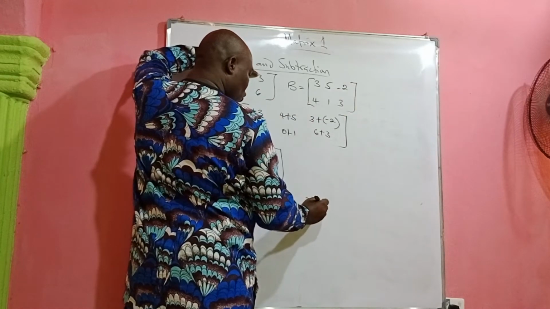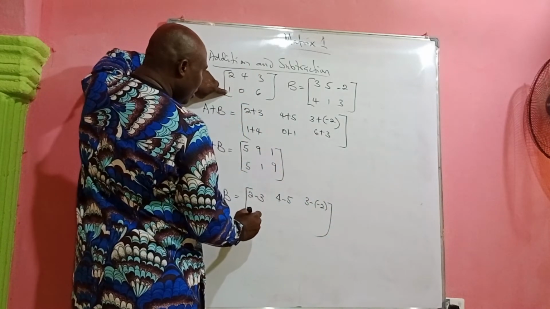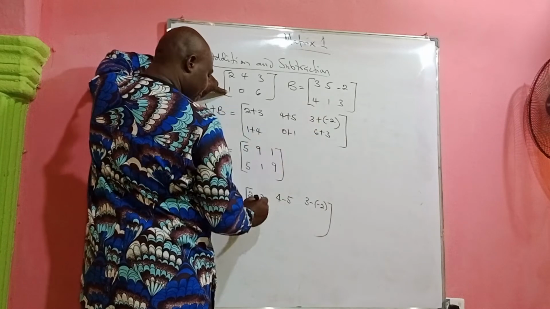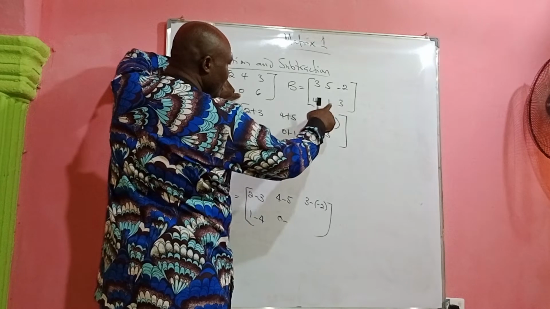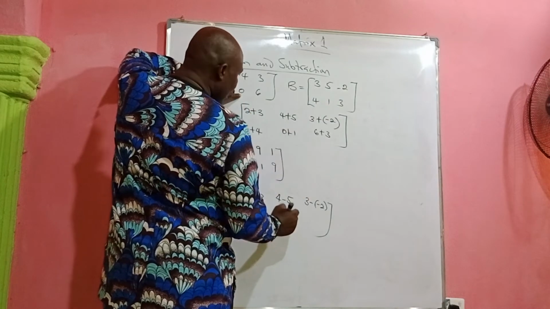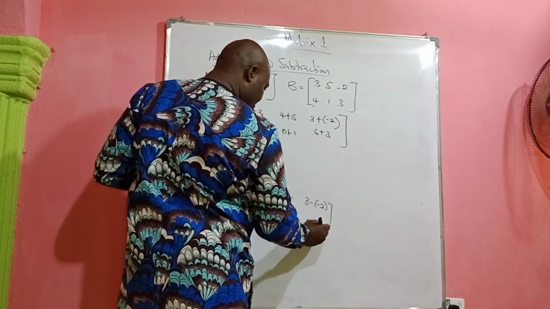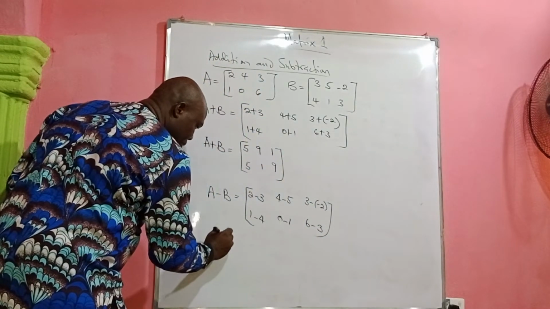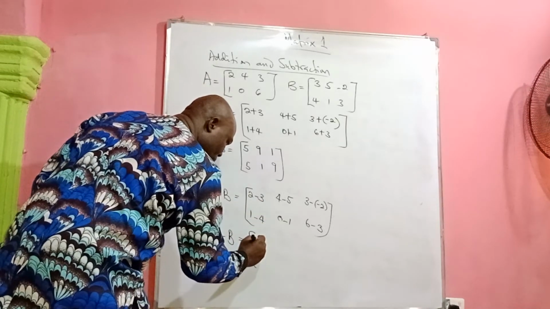A negative 2. And then we take this element, which is 1, minus 4. The next element 0, minus 1. And the last one 6, minus, what do you have here? 3. So A minus B will be equal to 2 minus 3, that's minus 1.